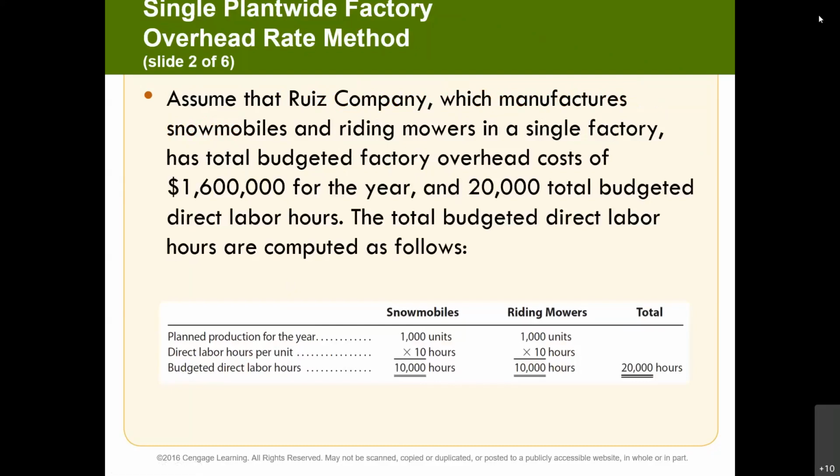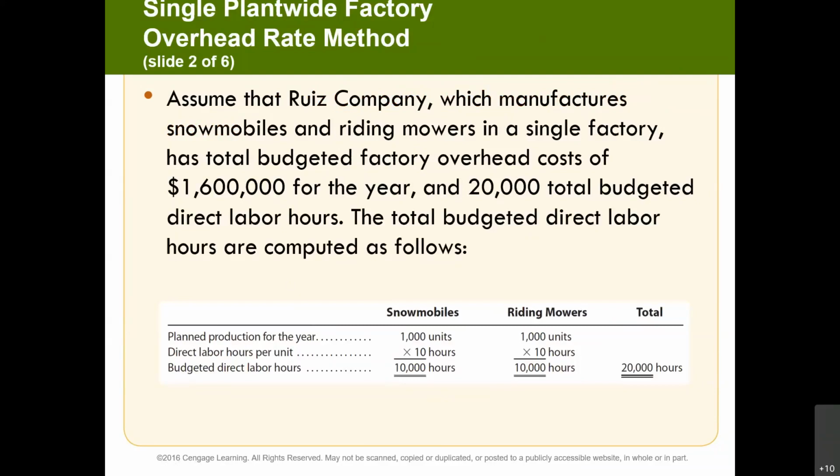So let's look at it from an example. This is a really good example, and we're going to see this example throughout the chapter. The first thing we do is assume this company is manufacturing both snowmobiles for the winter, of course, and lawnmowers for the rest of the year in a single factory.